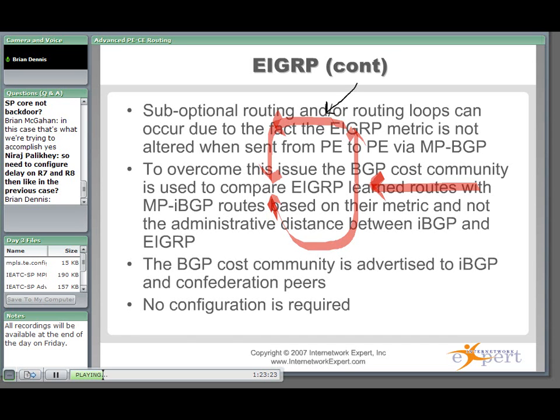Now, once we altered the delay on the link there, the metric changed, so it had the IBGP route, and it was able to compare the two. So all these standard rules about dealing with administrative distance and so forth with routing protocols kind of get thrown out the window when we start to do MPLS VPNs, because we need to have this type of behavior.